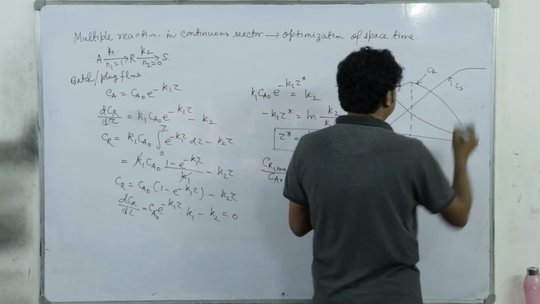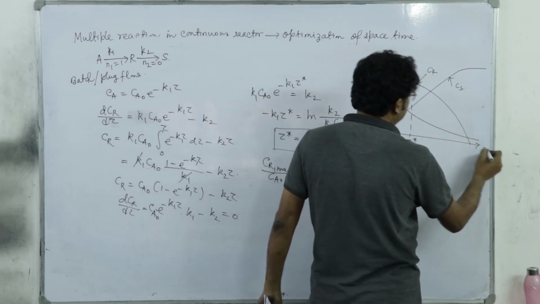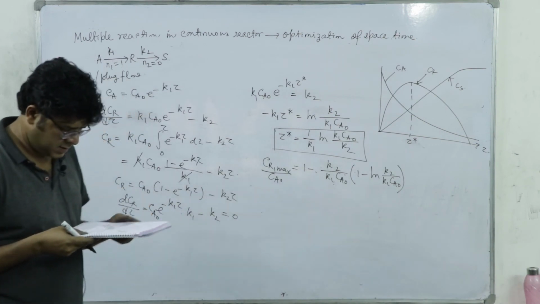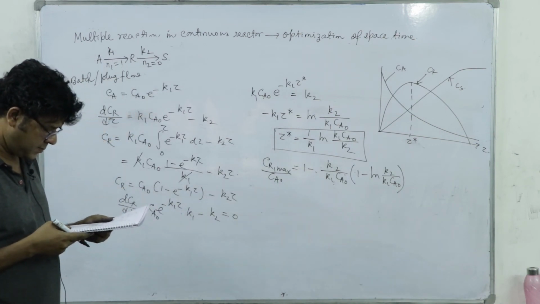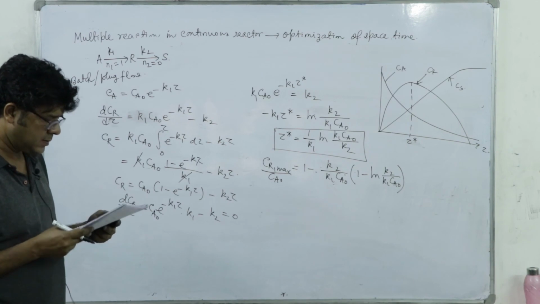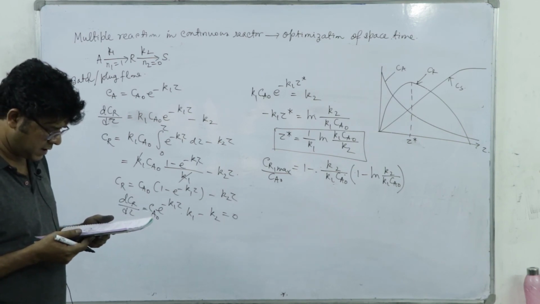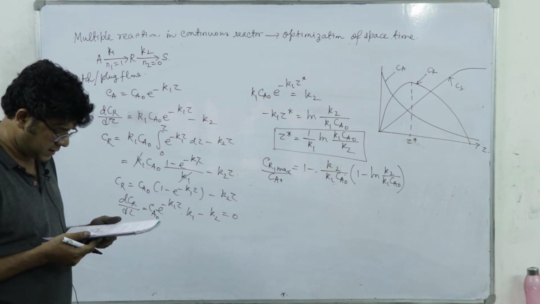So this is Cs, and that's tau. So this was a GATE problem, I think, where a first order reaction is followed by a second order reaction, so it will be like this.